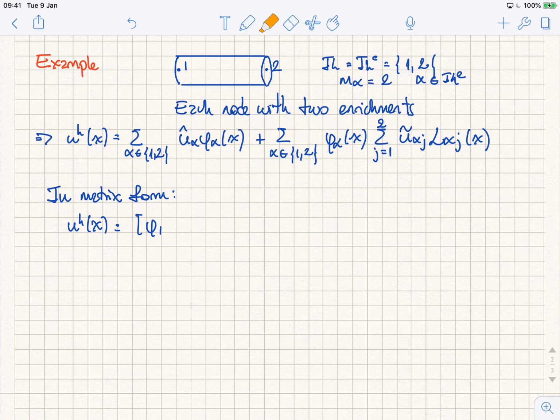Then you have phi1 L11, which is this term here when alpha is equal to 1 and j is equal to 1, and phi1 L12. So still alpha is equal to 1 and j is equal to 2. I'm just rewriting that expression in matrix form, okay? And then you have phi2, and the same thing happens. You have phi2 L21, phi2 L22.